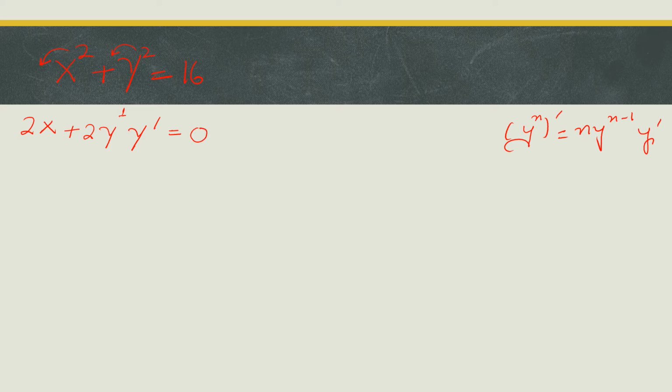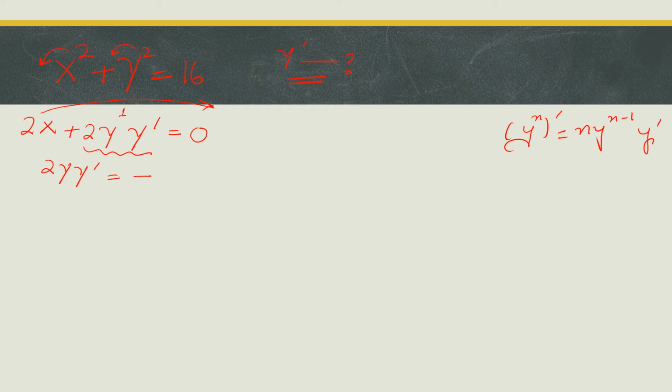The derivative of 16, a constant, is 0. Once the derivatives have been taken, you have to solve for y prime, because you have to find the first derivative. Keep the terms involving y prime on the left hand side and bring the remaining terms to the other side.